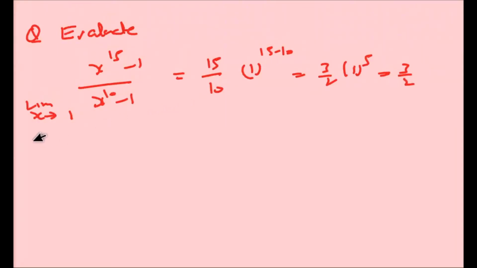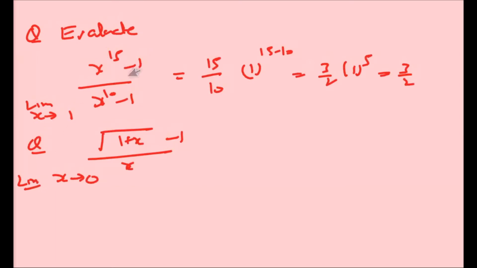Okay, now another question: (under root 1 plus x minus 1) upon x, x tends towards 0. Using the formula for x to the power m, here we have 1 plus x. Let 1 plus x equal y.